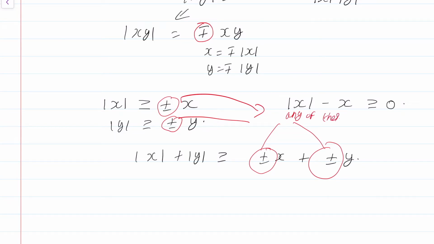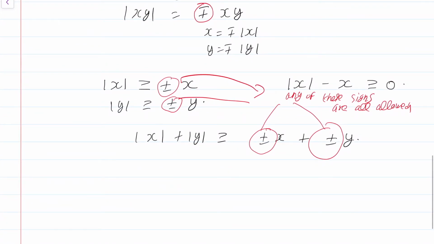In the previous cases, the equality is true for only one of them. Mod xy is either equal to xy or it's equal to minus xy. It's not equal to both. Now you have mod x plus mod y greater than or equal to plus or minus x plus or minus y, where all possibilities are allowed. There are 4 possibilities for the right hand side.